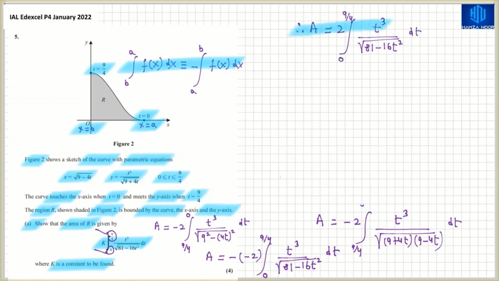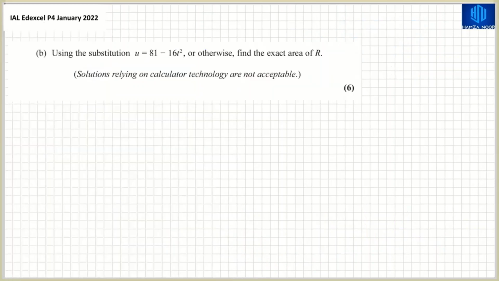This is our answer to part A, and therefore k is equal to 2. So we have shown the definite integral in this form. This was the requirement of part A. Now let's move on to part B, and I'll do the working for part B on the next page.